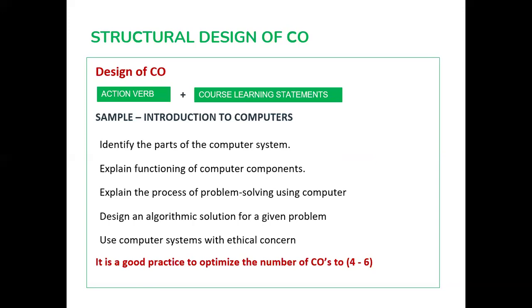Otherwise, for the entire syllabus, you can define 4 or 5 or 6 CEOs. That is a vertical model. So horizontal means for every module or unit you can have a CEO. If there are 5 units in the syllabus, you can have 5 course outcomes, one for each unit.